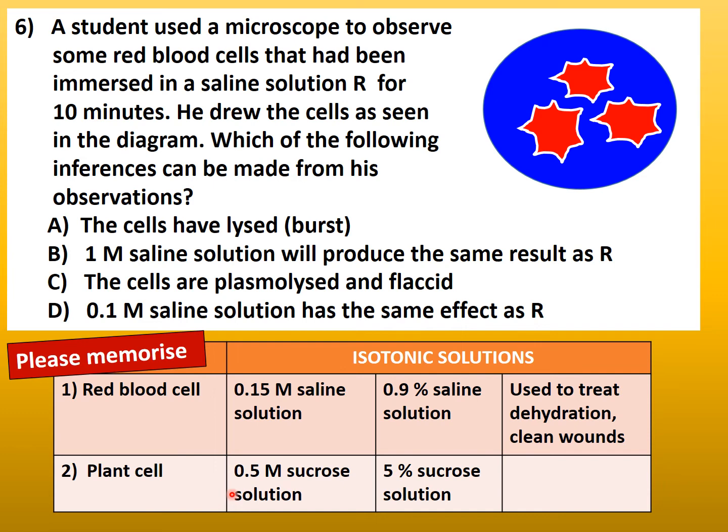For plant cell, the isotonic solution is 0.5 M sucrose solution, and in terms of percentage is 5% sucrose solution. So memorize that.